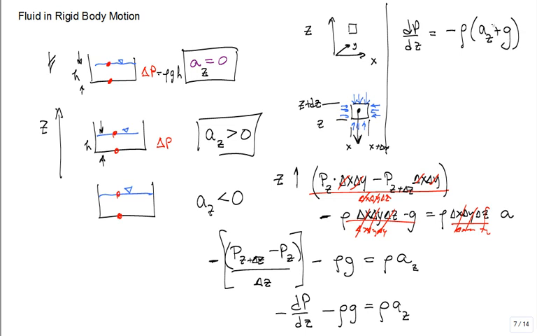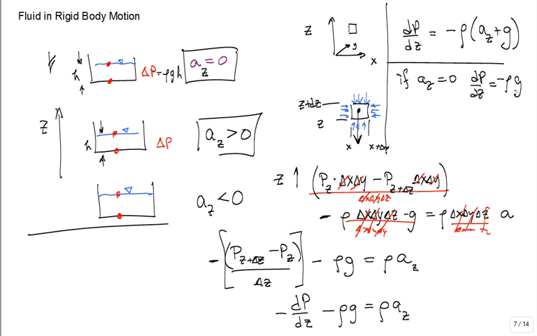True? You know, I could take that equation for the first case where a sub z is 0. Should I move to another page or try and reuse this one? Reuse it, stay on the same page. If a sub z is 0, then my equation becomes dp dz is equal to minus rho g.